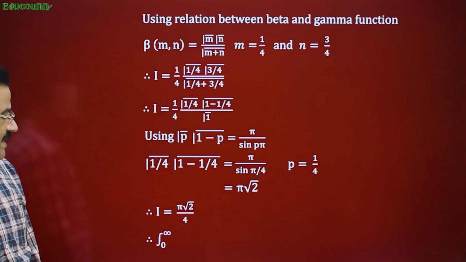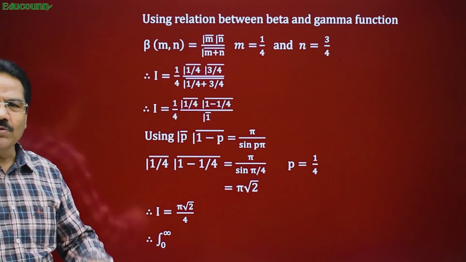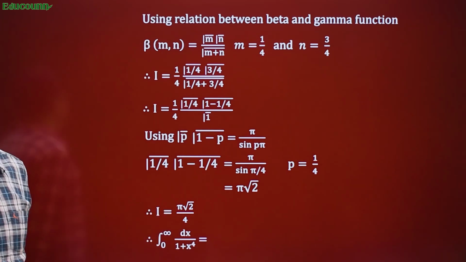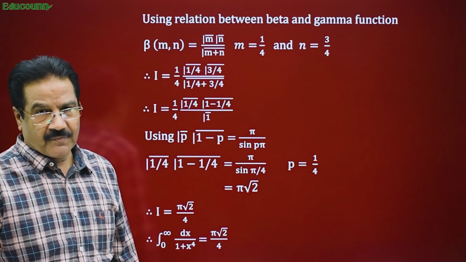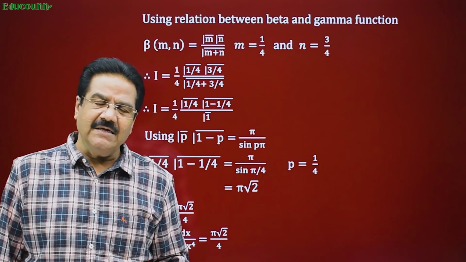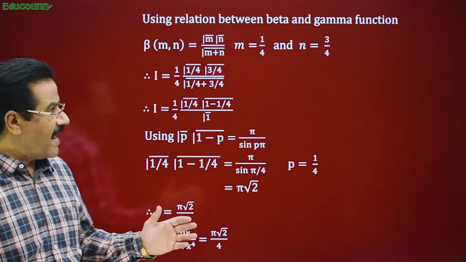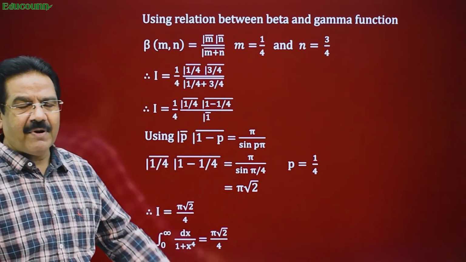And therefore we can say that the final answer of this integration, 0 to infinity dx upon 1 plus x raised to 4, is equal to pi root 2 upon 4. So this is the example in which we use a number of properties. You have to remember all the properties properly so that we can apply them in the example.